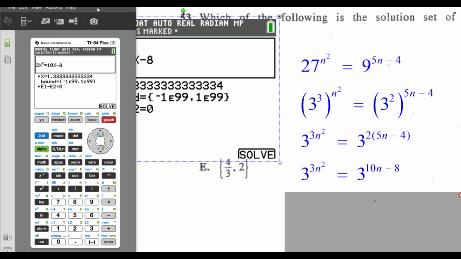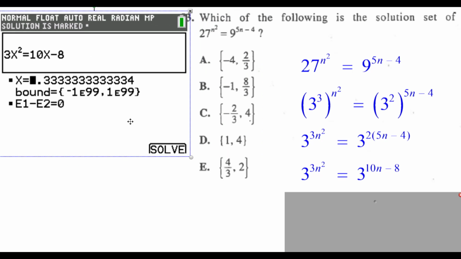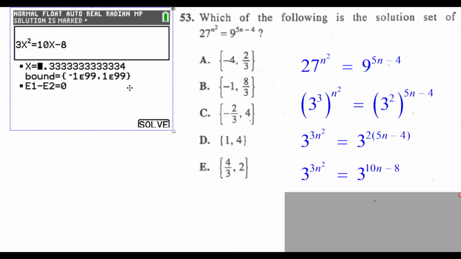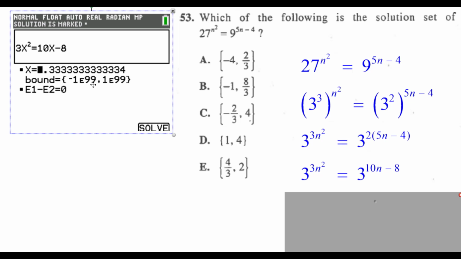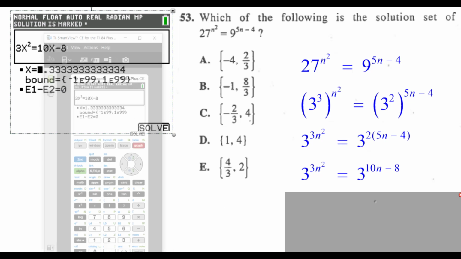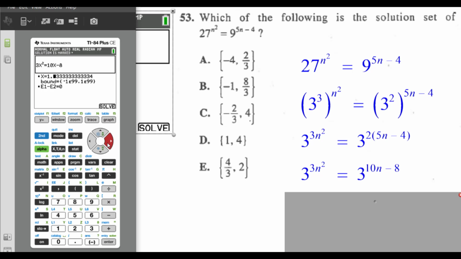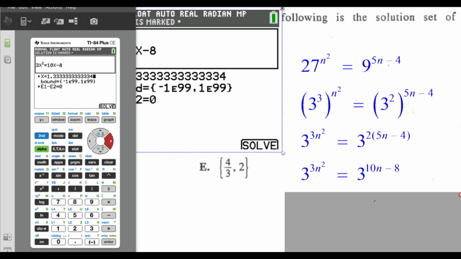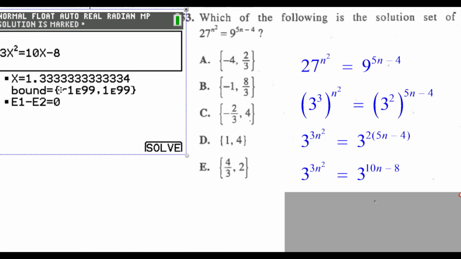And it's coming up with that x is this terrible looking decimal. Ooh, that's a 1 there. Let me maybe pull that off a little bit better so you could see that 1 better. Okay.